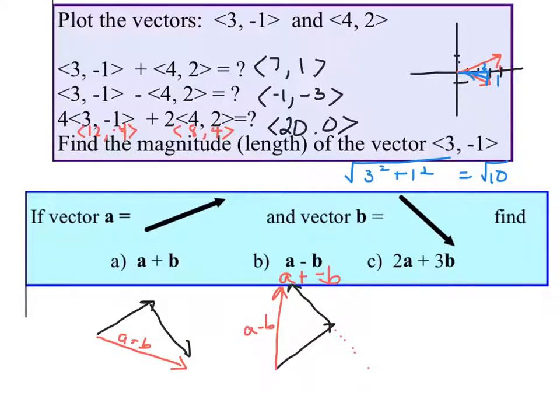And the last one says you take A and you double it. So essentially you're doing A twice, and then you're doing B, and again, I'm sorry, I'm not quite drawing this to scale for the interest of room, but then you're doing B 3 times. So it's something like this.